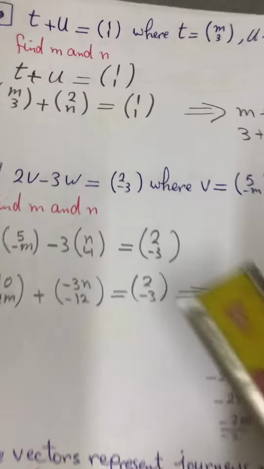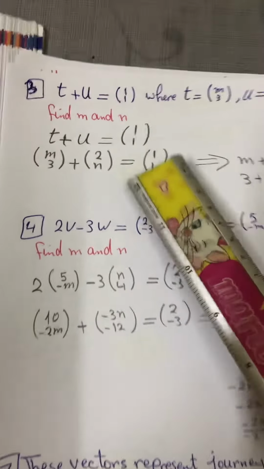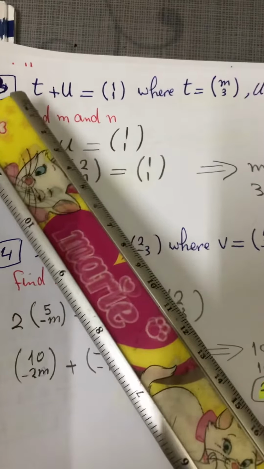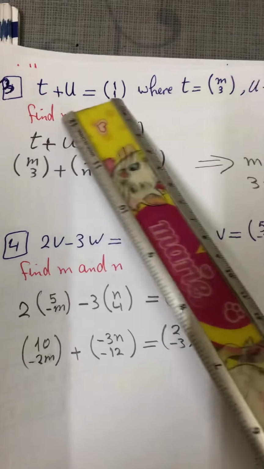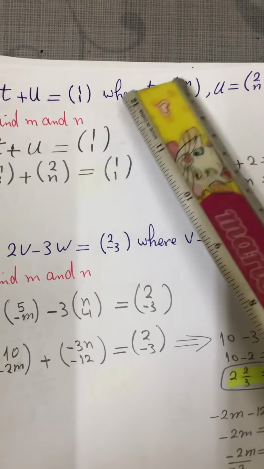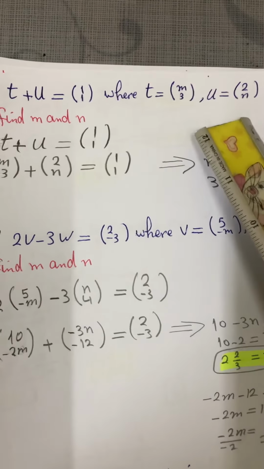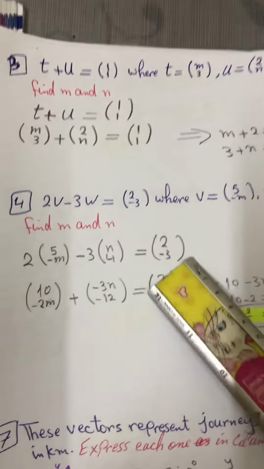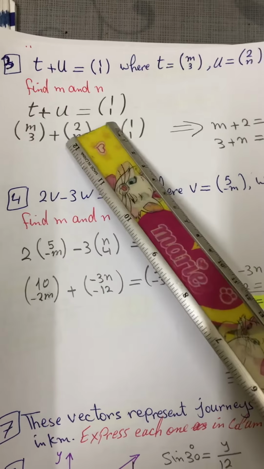Number 3: I solved number 3 with you, but we have a new idea here. In number 3, he said t plus u equals 1. This is the sum, where t is (m, 3) and u is (2, n). He asked me to find the values of m and n. Regularly, I write t plus u equals 1.